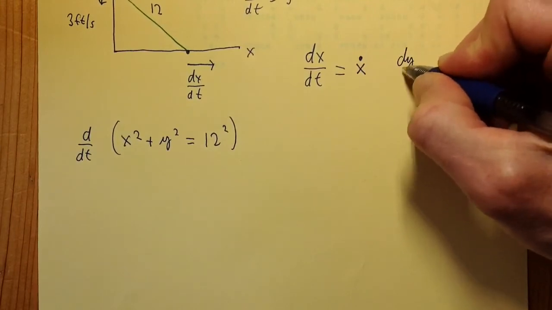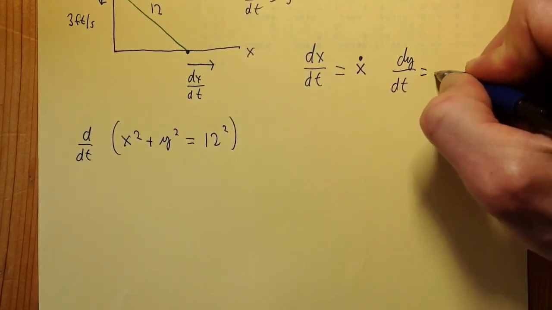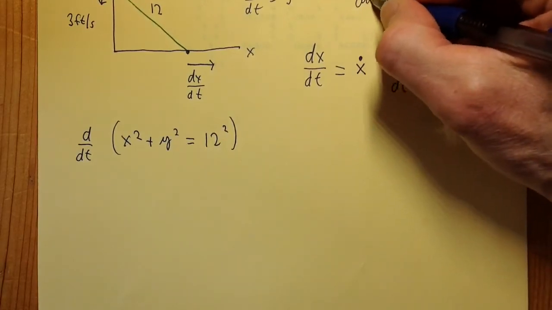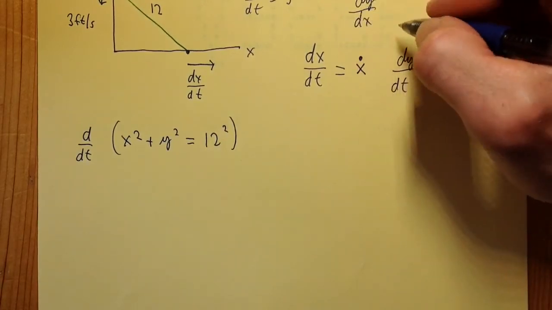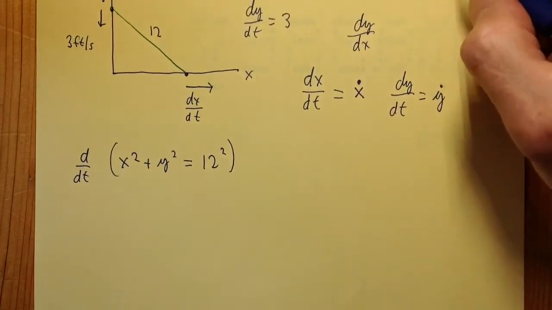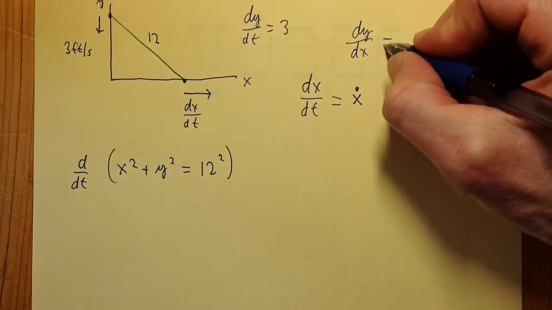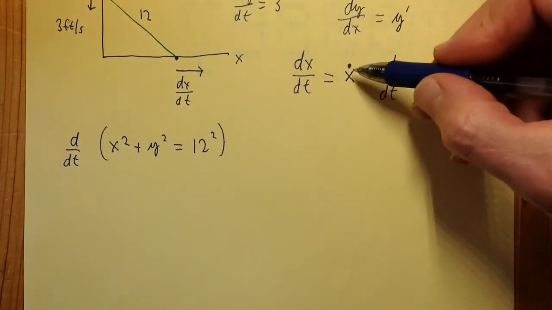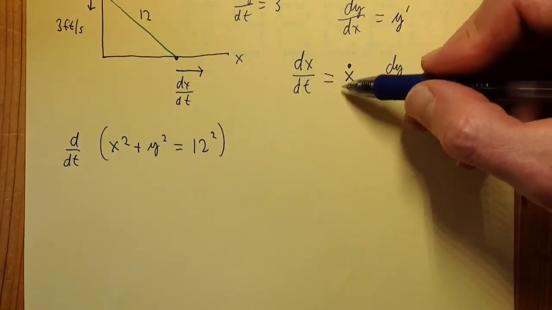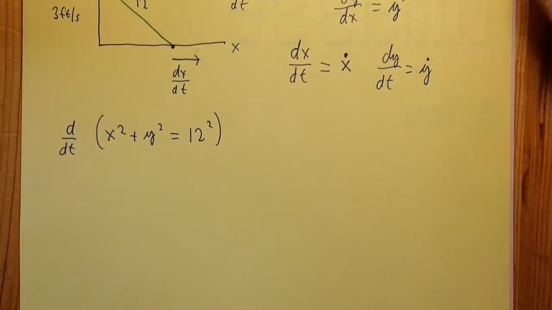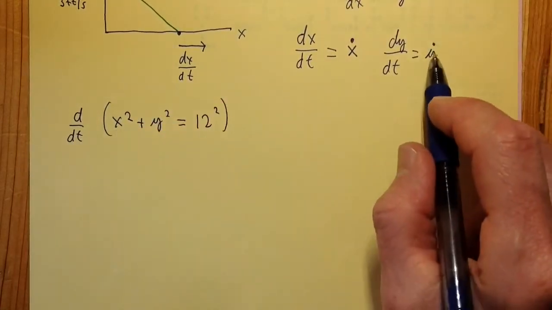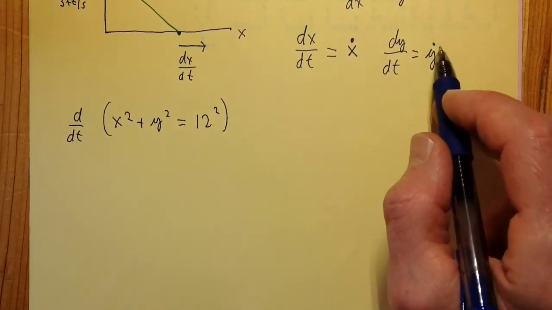So dy dt then, of course, would be y dot. And it's just like before when we said dy dx. Instead of writing dy dx all the time when you're doing math with it, that gets kind of tedious, so we can write y prime, and we know that's dy dx. Now we're just going to use the dot thing for dx dt. It only refers to t's and just makes it so much easier. So again, just like the prime, but we're going to write dots, which we know is with respect to time.